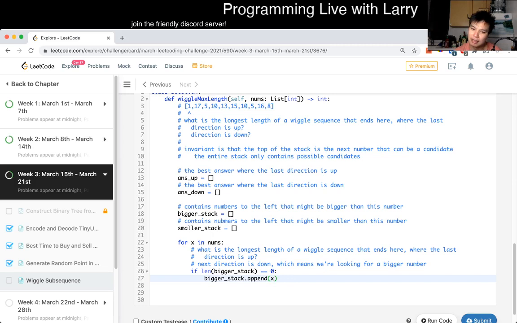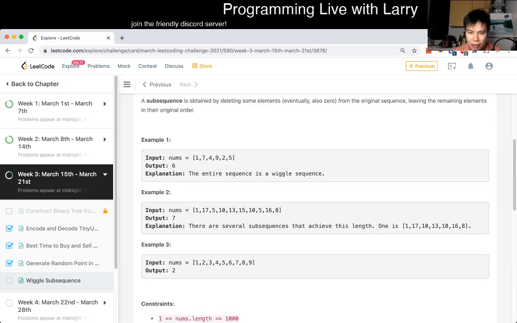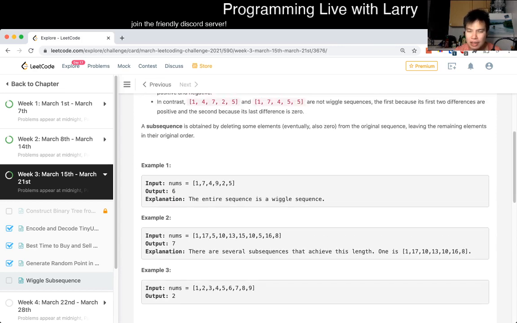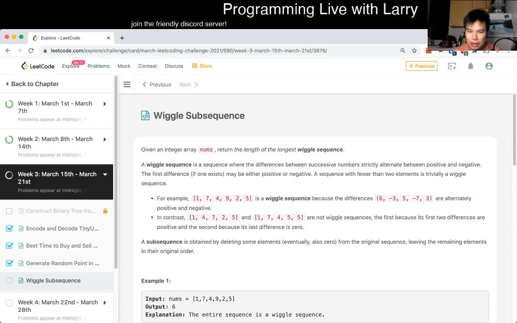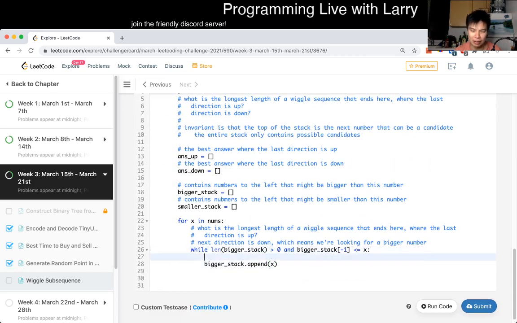No, I guess the way that I usually do it is while this is greater than 0 and biggest stack of -1 is smaller than or equal to x. Does it have to be strictly smaller than? I guess so. Okay, I think it has to be non-strict. So for equals, then we remove. So actually, we have that pop, and then at the very end, we put it in.